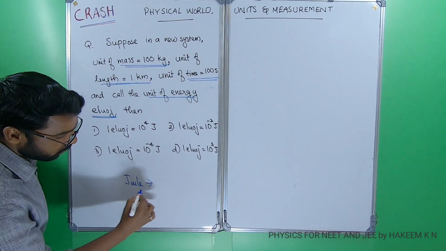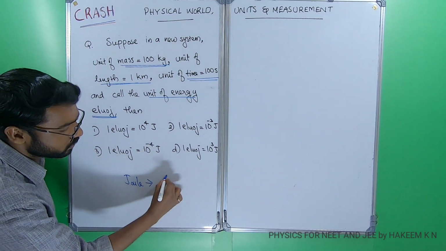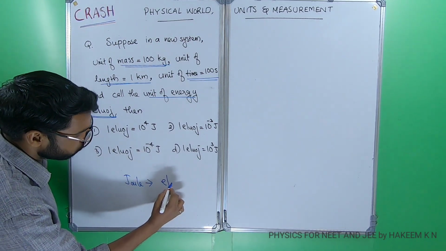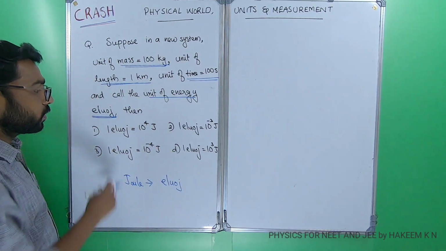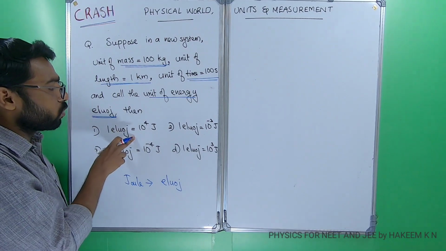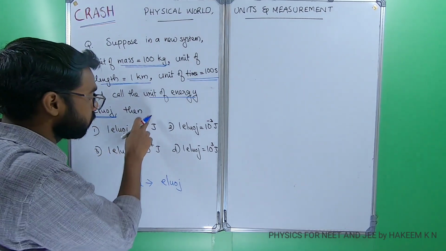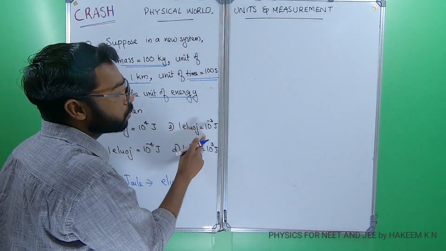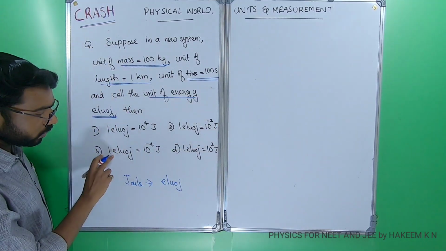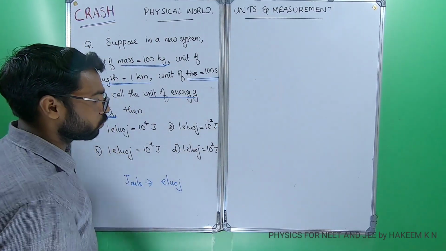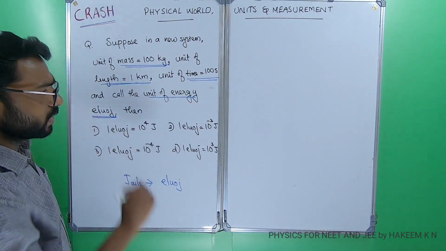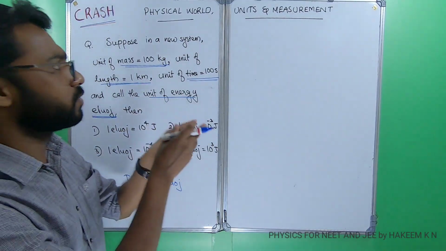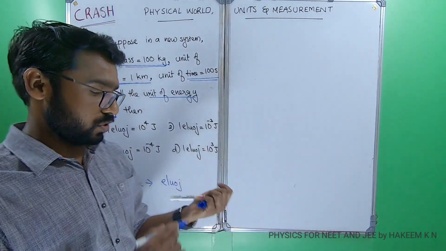Joule written in reverse order. Then 1 ELOJ equal to 10 power 4 joule, 10 power minus 3 joule, 10 power minus 4 joule, or 10 power 3 joule. What is the answer? How can we find the answer using that equation?